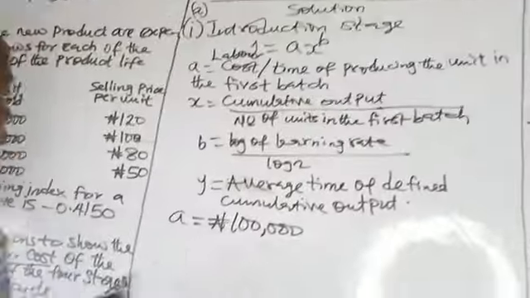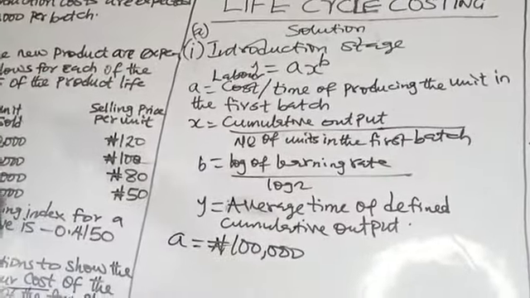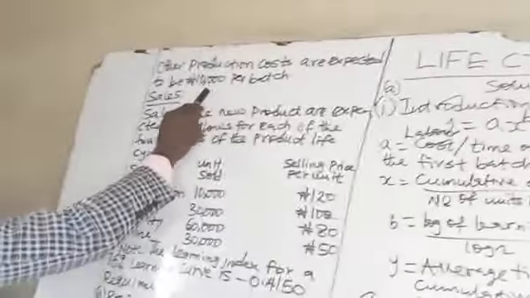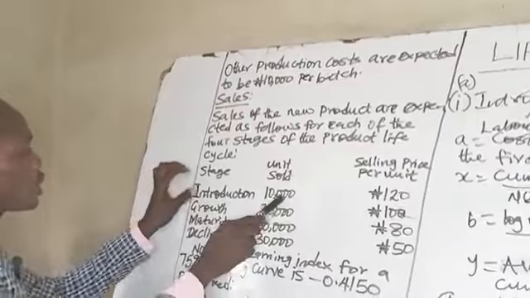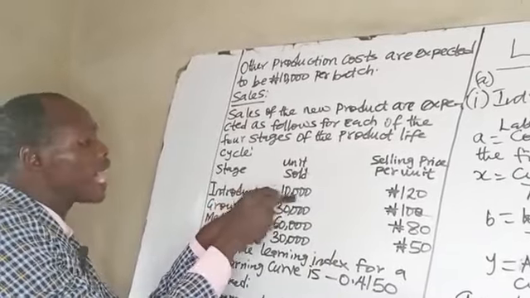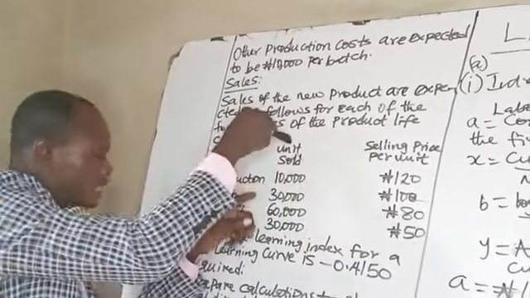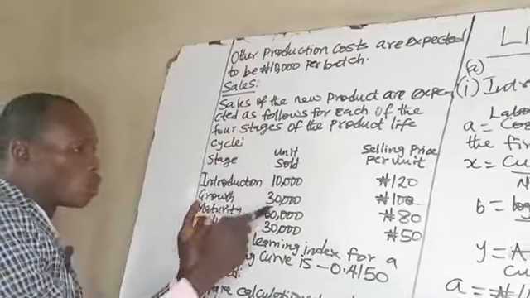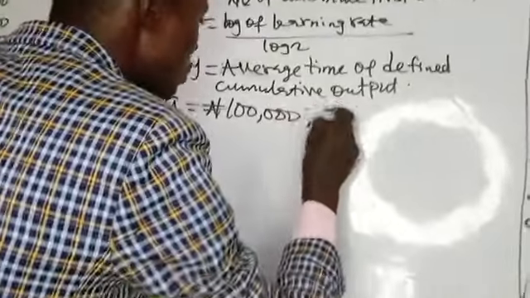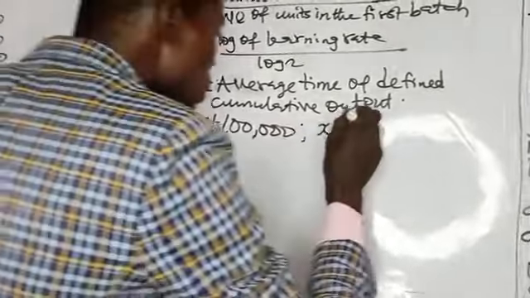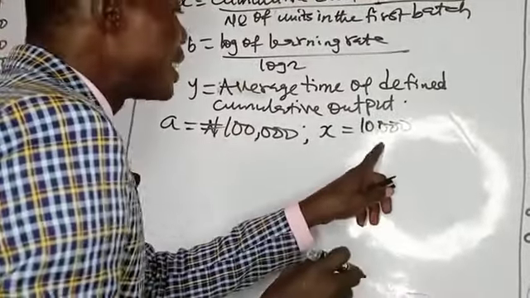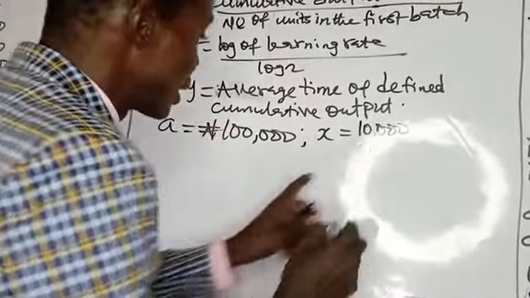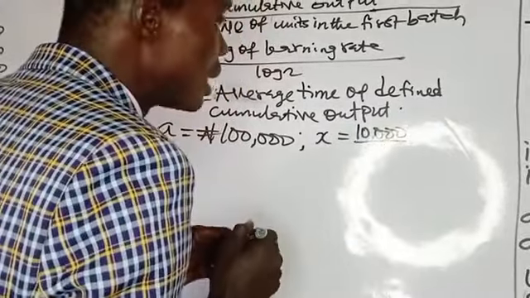Now, a is 100,000. You were told other production costs are expected to be 10,000 per batch. At the introduction stage, the output is 10,000 units, that is the units sold. Remember, X is the cumulative output, which is 10,000 units over the number of units in the first batch.